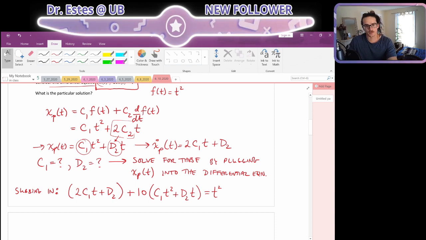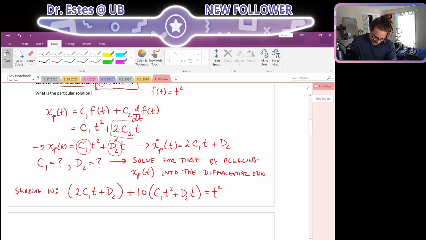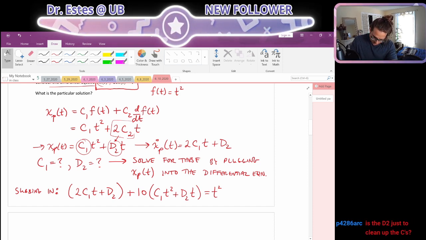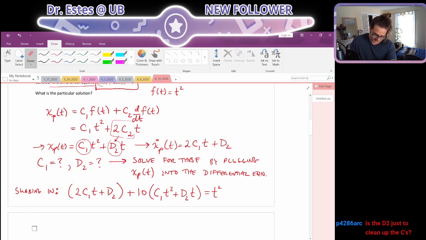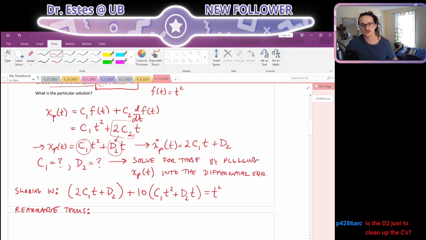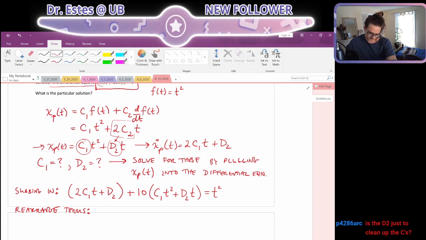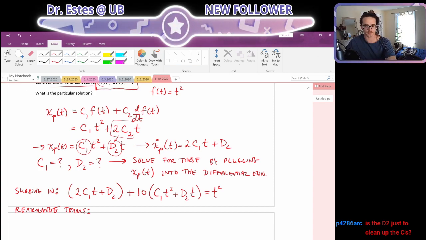So now let's rearrange this a little bit first. I'm going to gather the terms in terms of t squared, t. Is the D2 just to clean up the C's? That's exactly right. That's the only purpose for that.